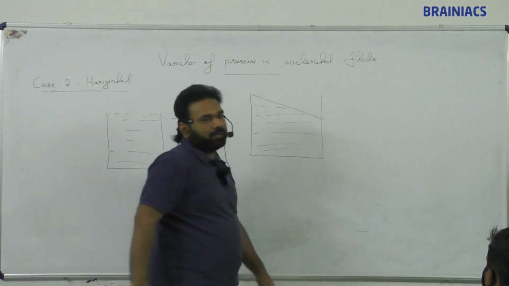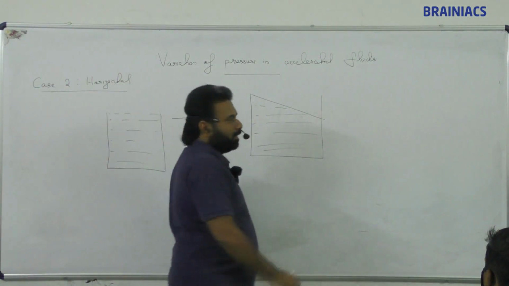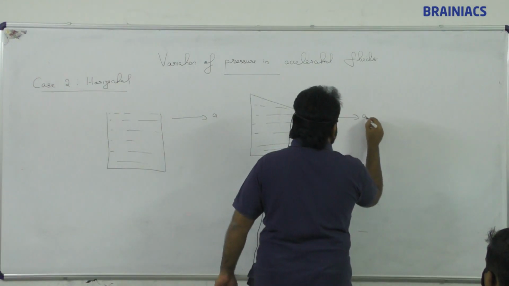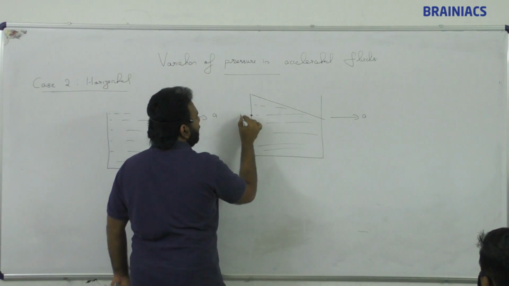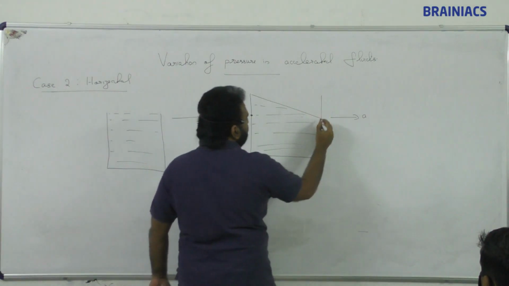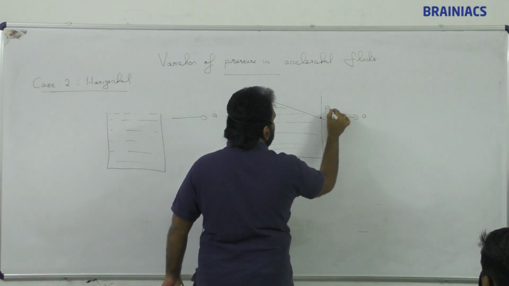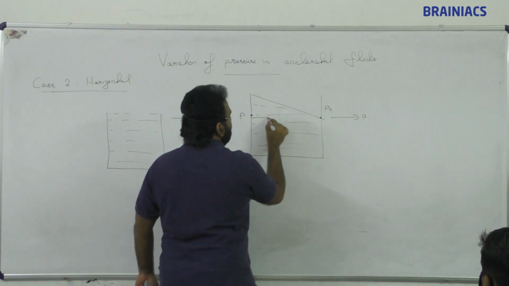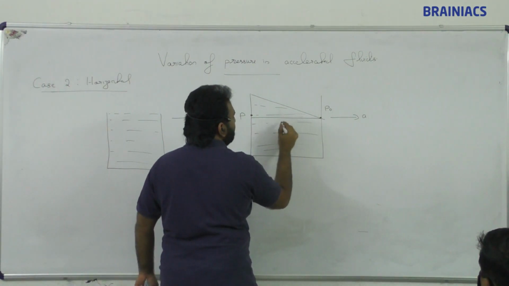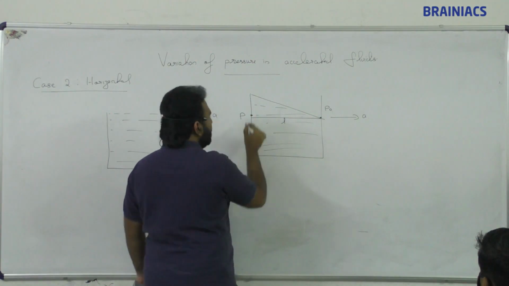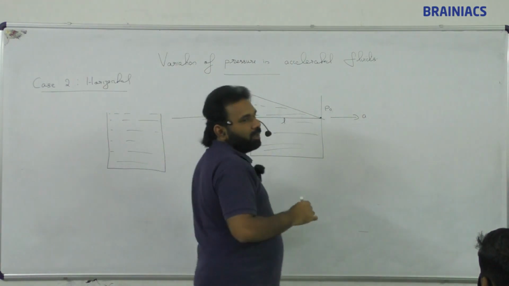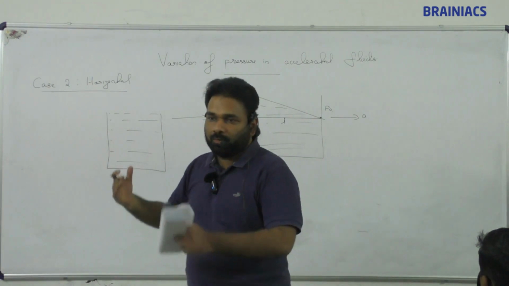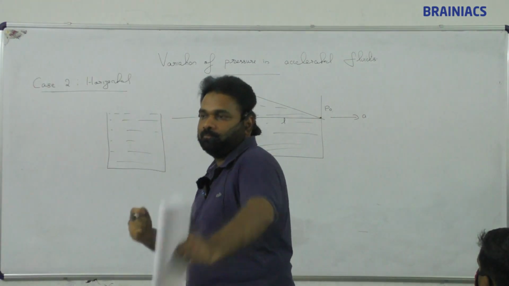After the water spills, I could draw it like this. This is going to be the condition of the water, and this is the direction of acceleration. Suppose this is the pressure P here and here we have P naught, this length I consider as L and this height as H. We are accelerating and going on.